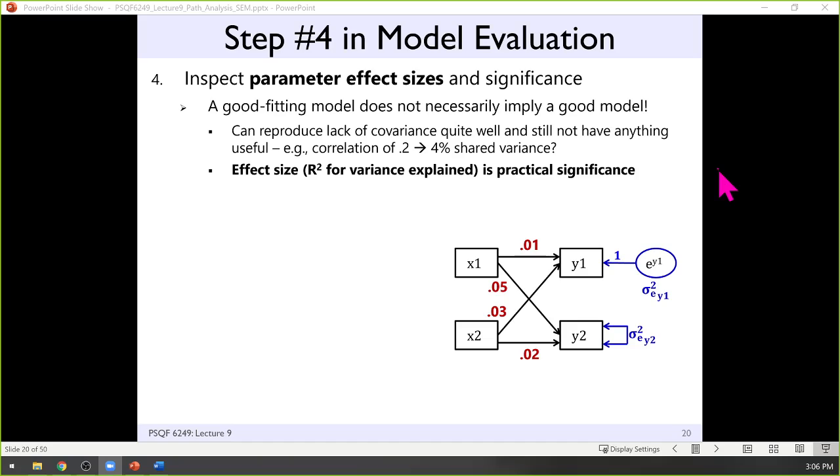I'll wait. I know you know this, or at least I hope you do. How can I have a perfectly fitting path model, or nearly perfectly fitting, that has no significant paths? Because it can happen. A perfectly wrong model?